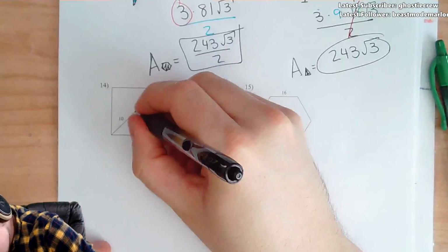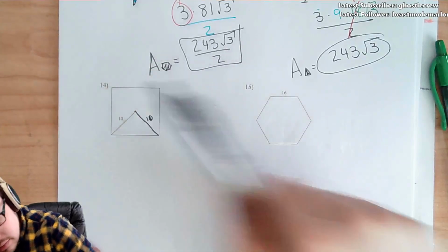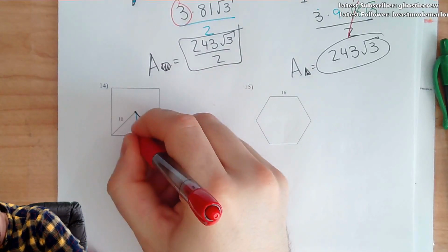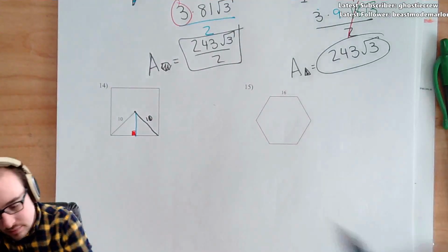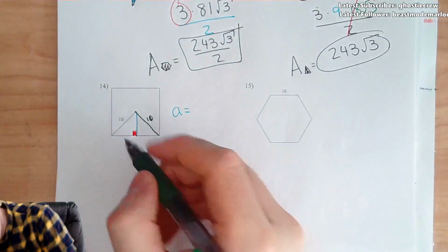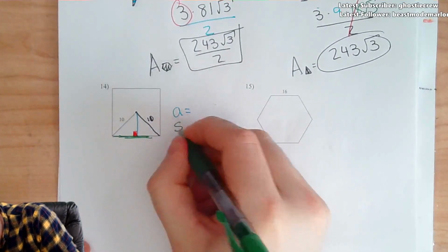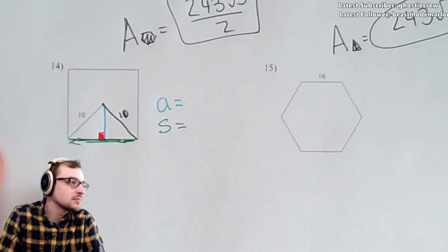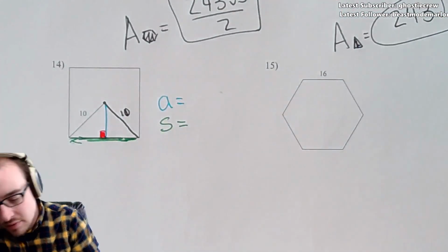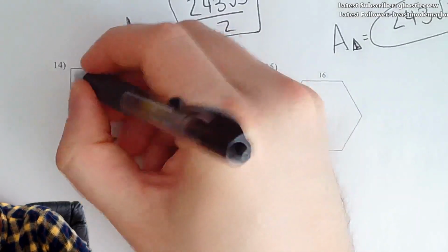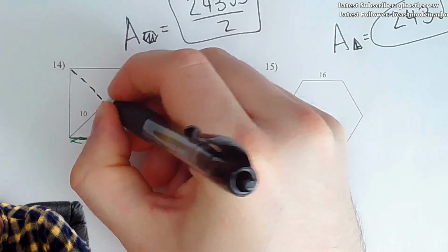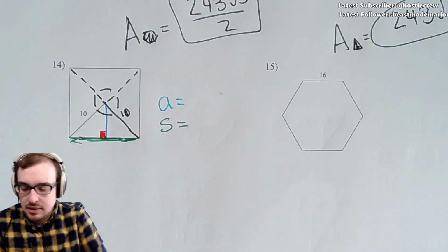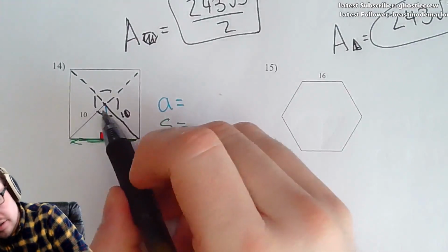Now for a square, same thing. Draw your apothem. Now, this whole angle here is going to be one of 4 different angles. 360 divided by 4 is 90, so this is a 90-degree angle right here.